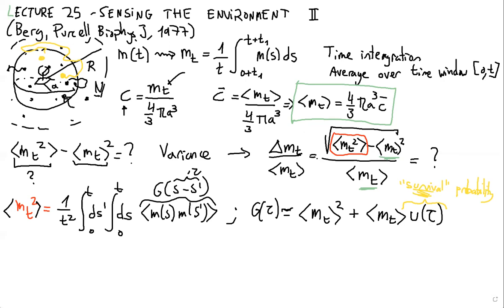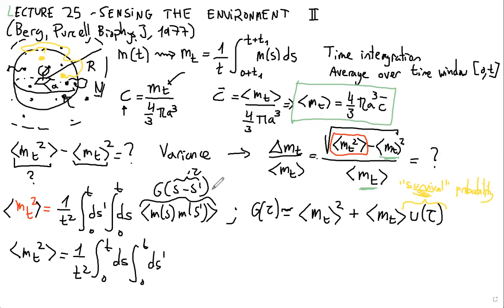Then, if I go back to the calculation, I wrap up, and what I was doing is this calculation, the average of m of t squared. So I recovered the result from the last day. It's 1 over t squared, the integral from 0 to t ds, the integral from 0 to t ds prime.